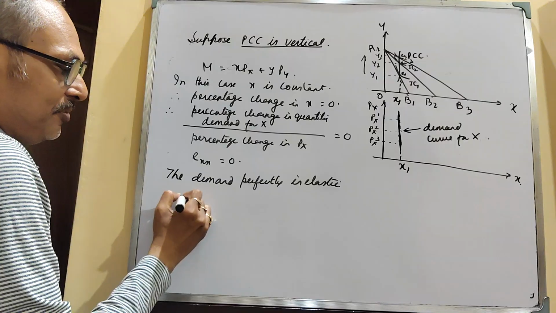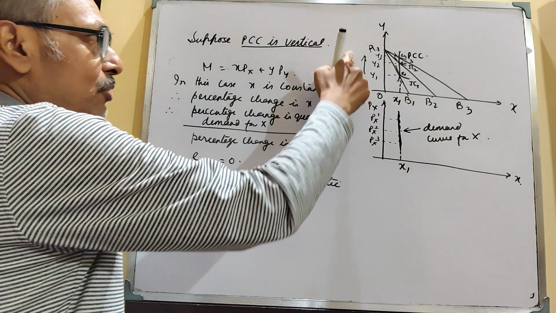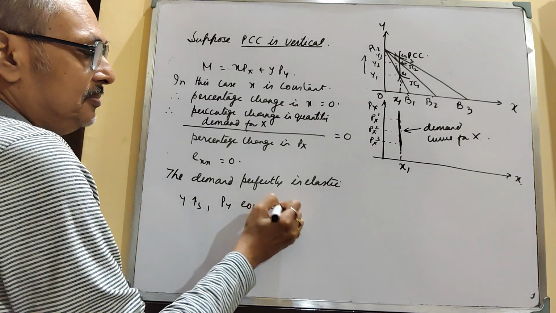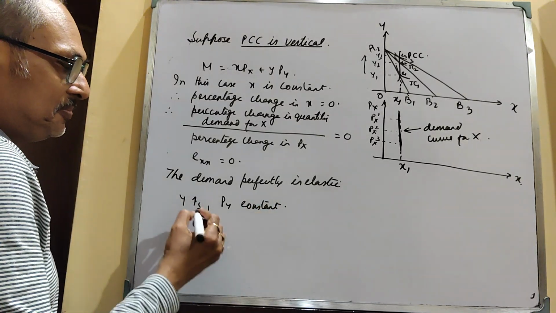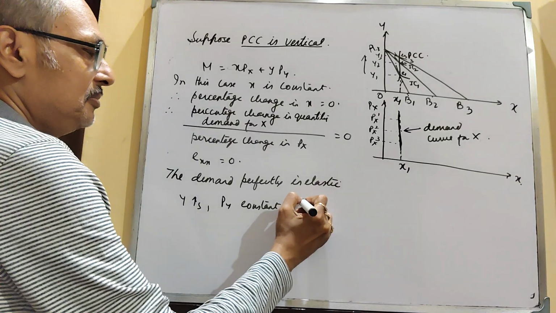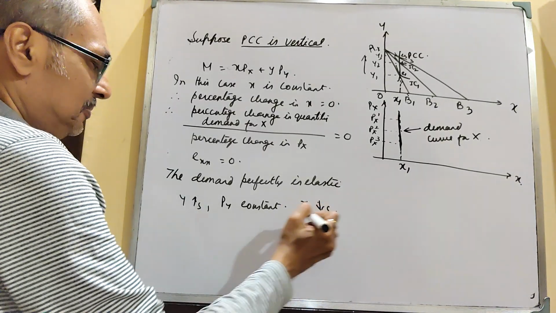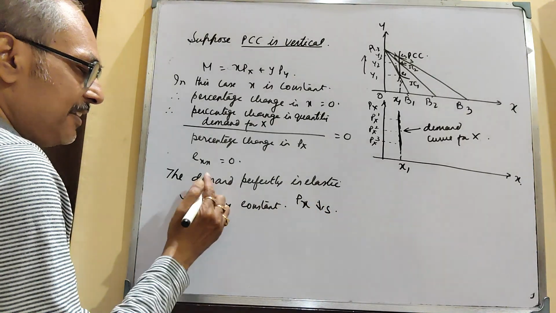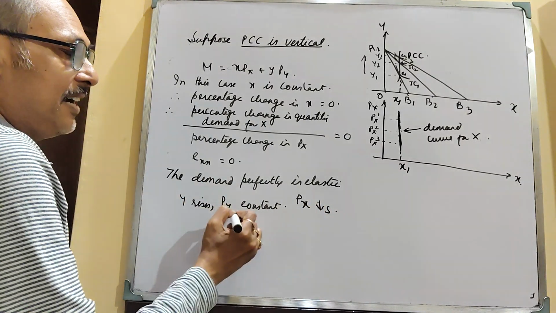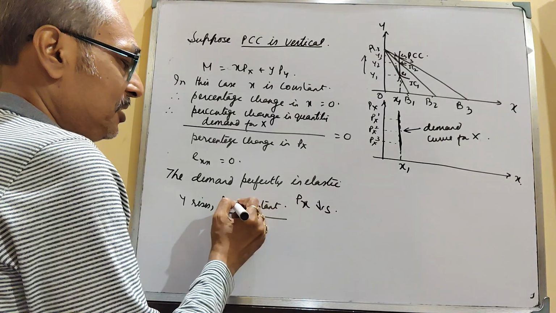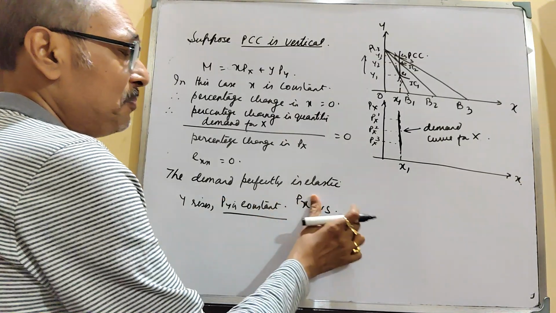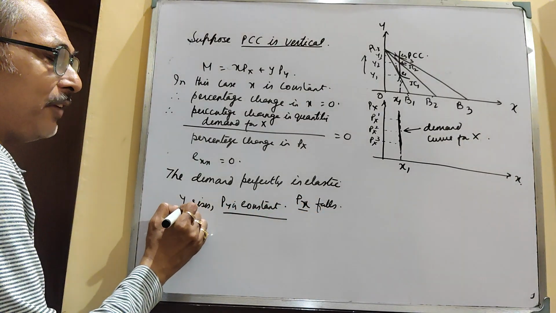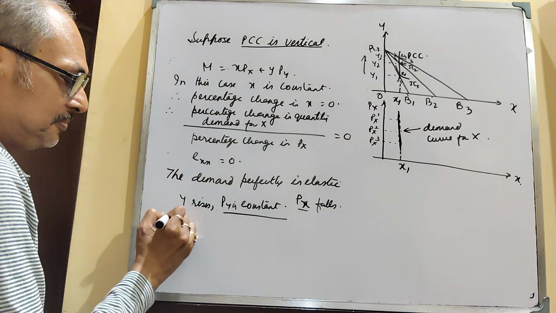By construction y increases, Py constant, Px falls, y rises. That is the inverse relationship between Px and y.